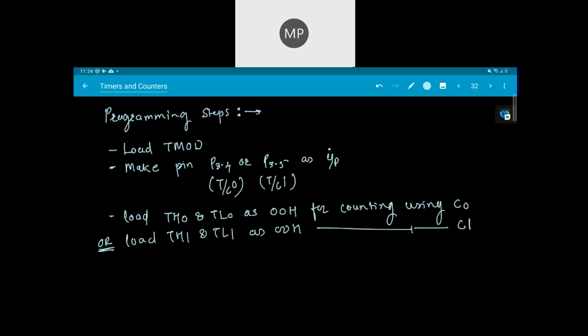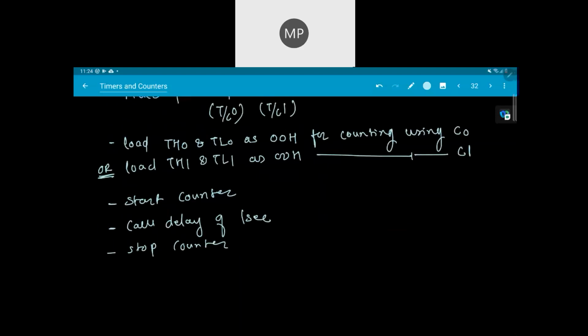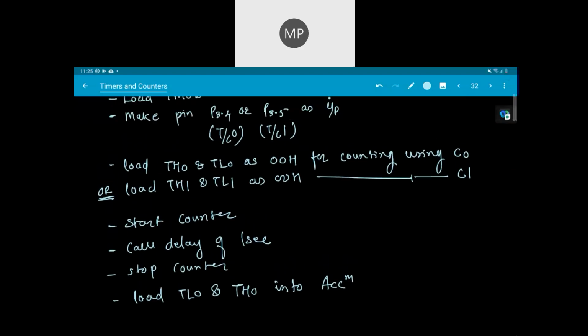Now once we load the values, we start the counter, and of course we call a delay of 1 second, and then we stop counting, and then we load TL0 and TH0 into the accumulator for further processing. Okay, so these are my programming steps, right?